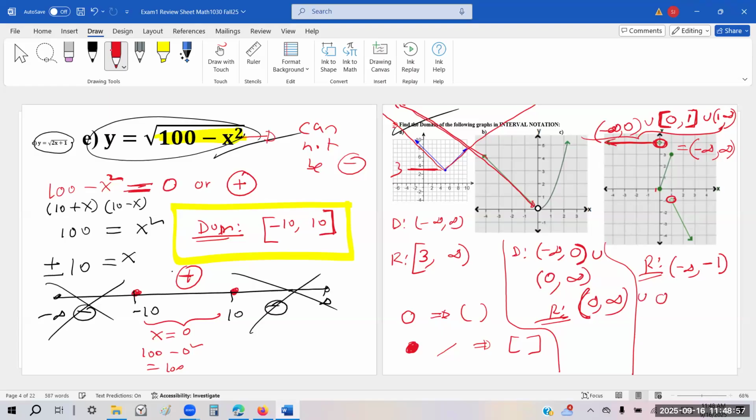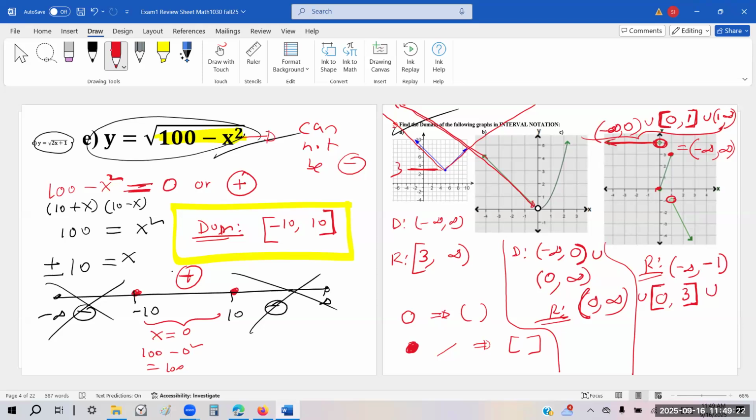So union 0, and this time we have a number at 0. It's closed, so it's bracket. From 0 until it reached here. What's the number here? 3. So it goes from 0 to 3, and 3 has a closed circle, so it's bracket.